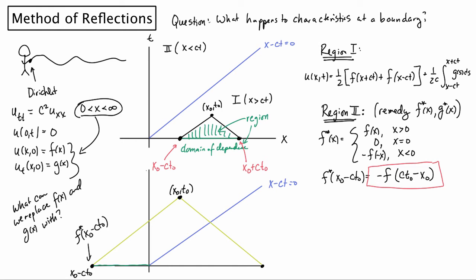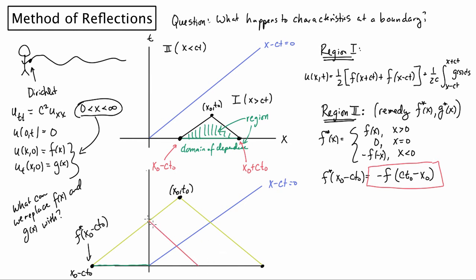So that's going to give us the value of f at the point x naught minus ct naught in terms of its odd extension. And graphically, there's something really incredible going on here. Basically the idea is when this characteristic hits the boundary, it reflects, and this is why this is called the method of reflections, it reflects along a characteristic line. If you know the law of reflections from physics, you know that if it comes in, it's going to reflect perpendicular in this case.